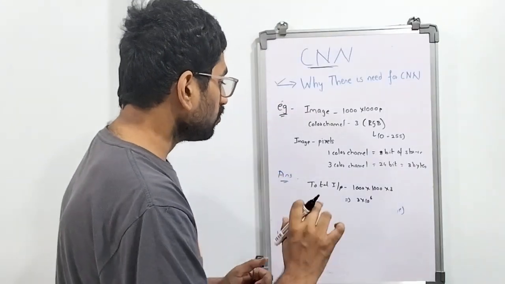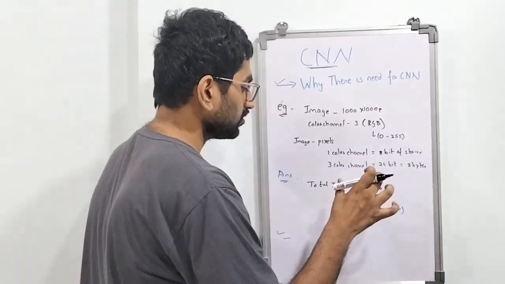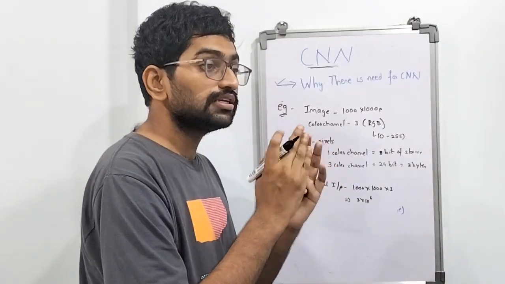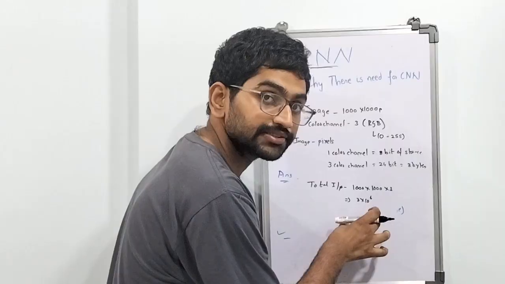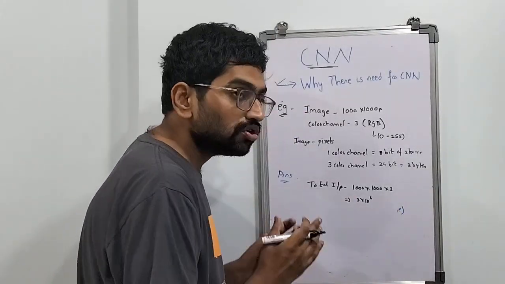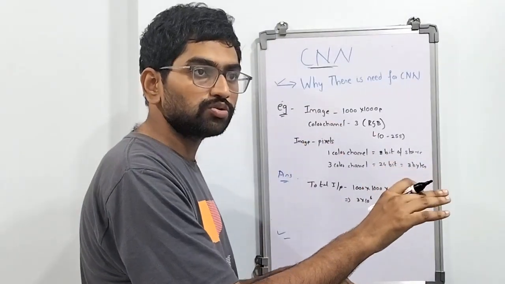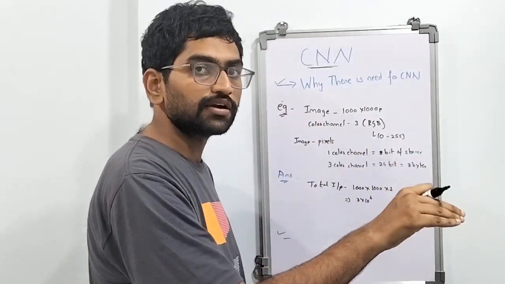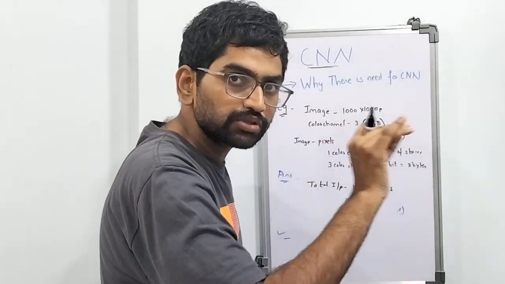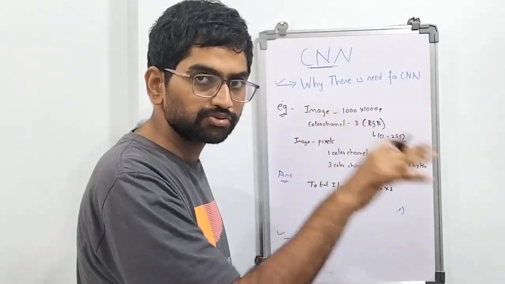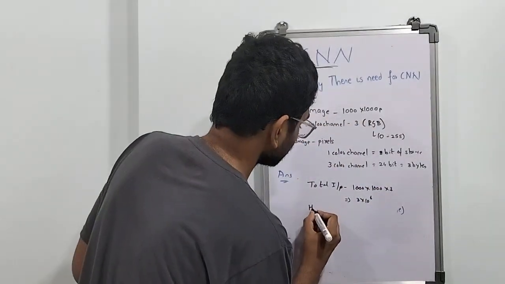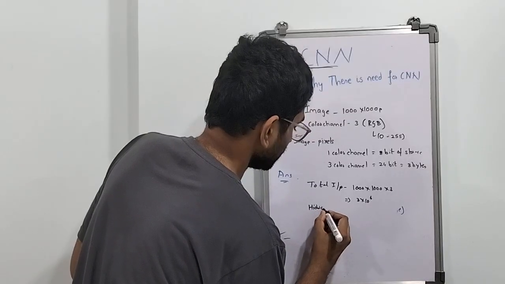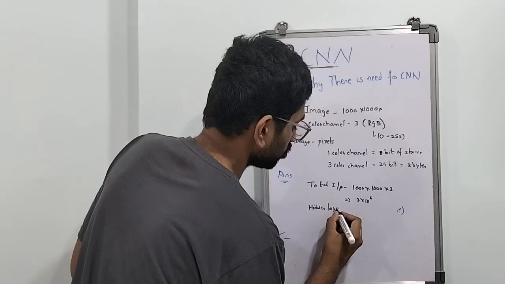So the total input required for this image is 3 into 10 to the power of 6. When we pass an image to the neural network, it has to pass through the hidden layers. Let's say here we assume 100 hidden layers.